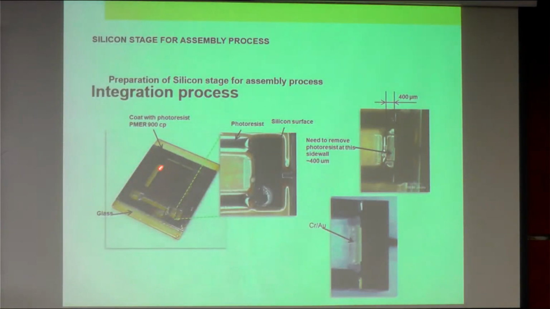Here you can see the opening of the photoresist in the silicon, with an opening of 400 micrometer thickness, and you need to remove the photoresist on the sidewall. This is quite a challenging process. Remove the photoresist, then deposit nickel and gold to provide a conducting surface in order to grow the nickel later as a bonding material with the electrode of the piezoelectric.